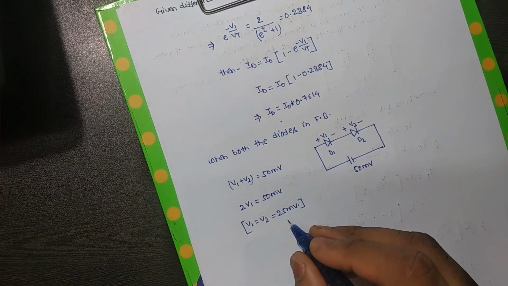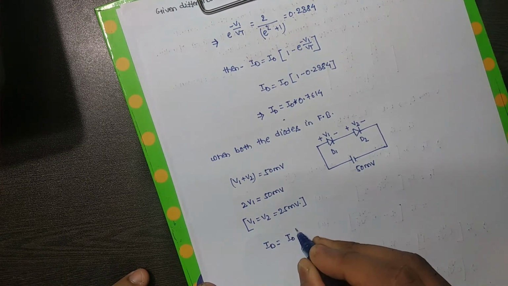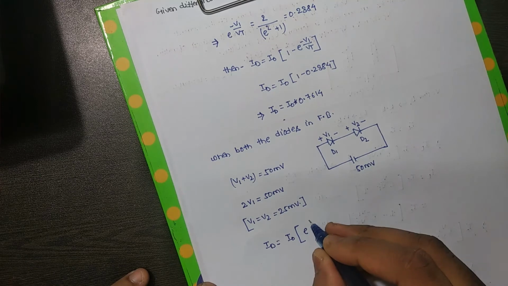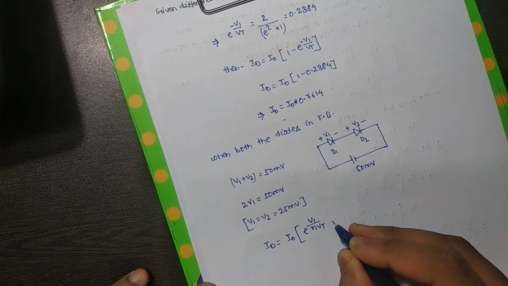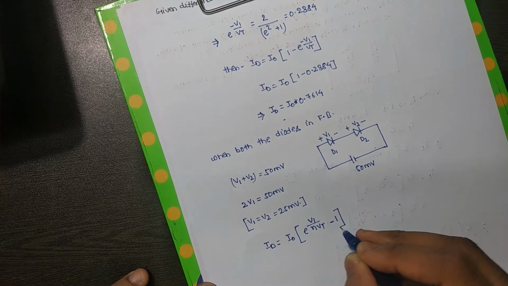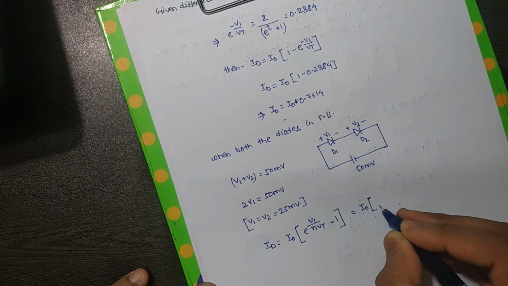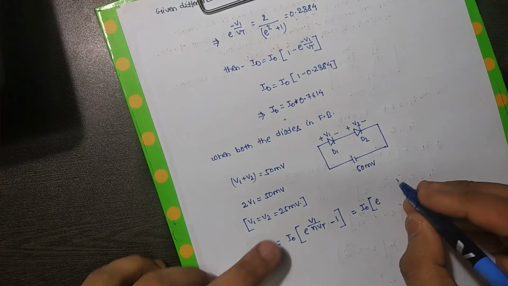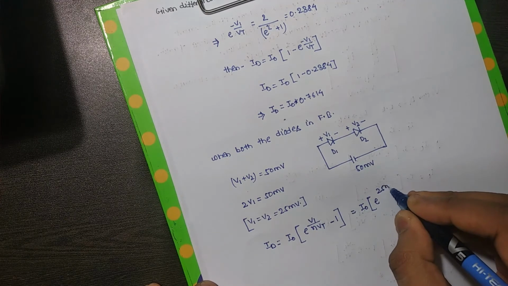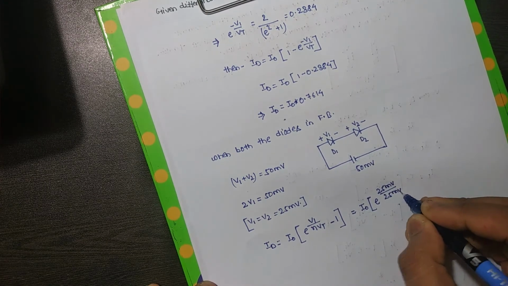Now using this condition, simply what you will get is ID equals I naught e to the power V1 by eta Vt minus 1. What you will get is I naught e to the power V1, and V1 is 25 millivolt by Vt, which is also given as 25 millivolt.